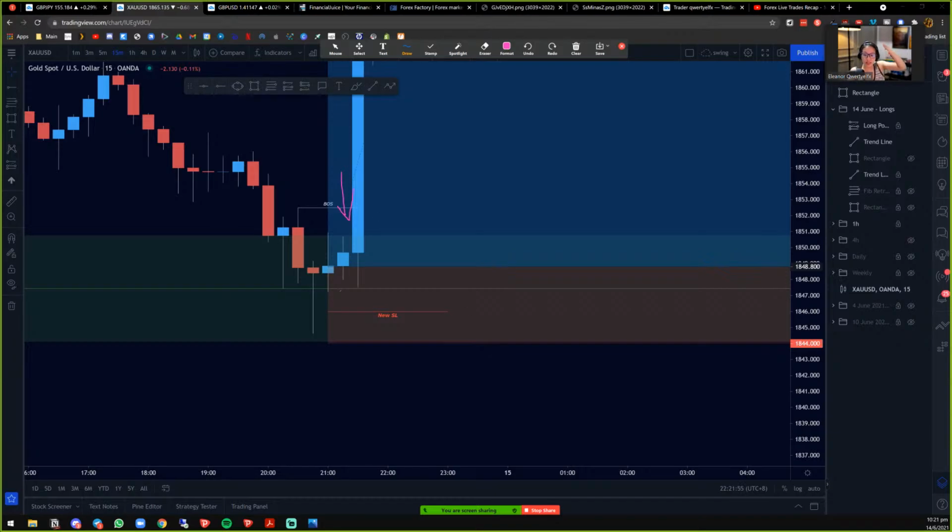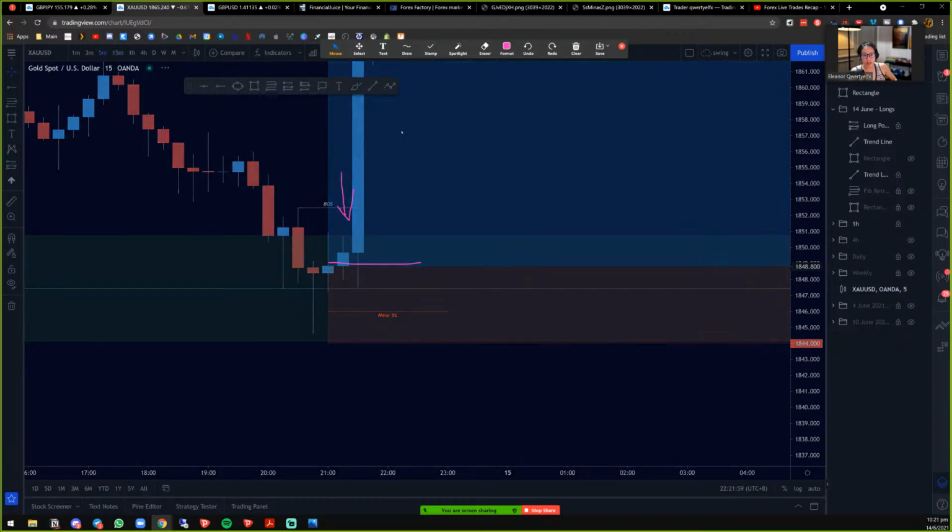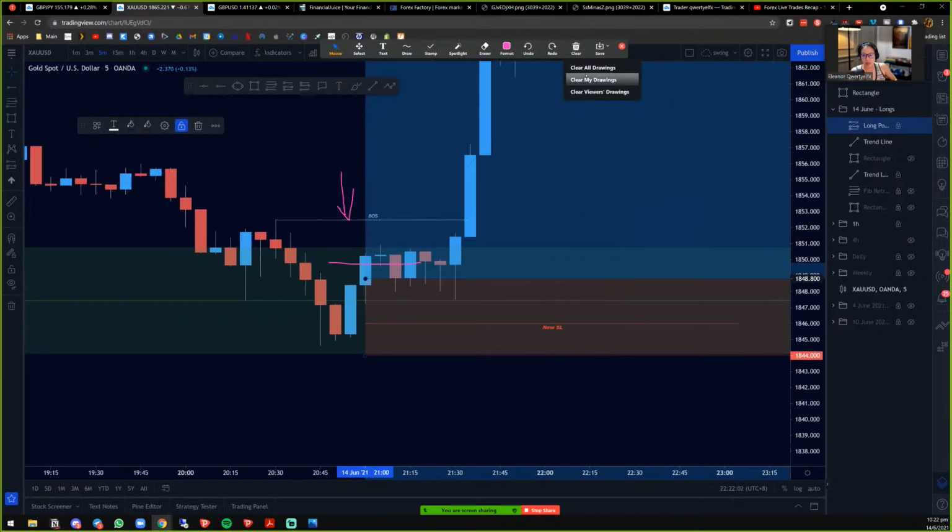This 15-minute candle, once it flipped bullish, that was the entry long. But if you look at the 5-minute, it did the same thing also. On the 5-minute, price didn't close, faked out, and a bullish engulfing closed back above the 50% level, which is the green line. The moment it flipped bullish for me, I took my entry on the 5 based on this candle. But 5 or 15 is the same idea.